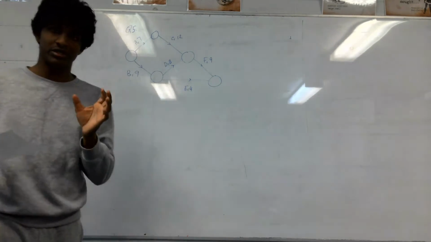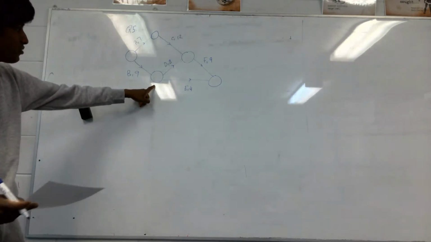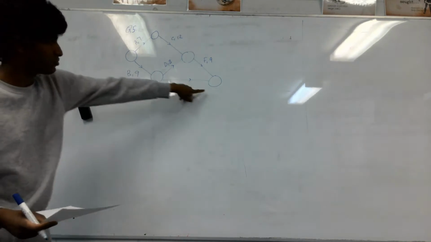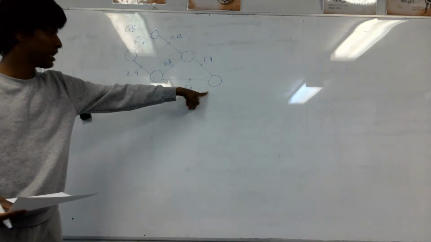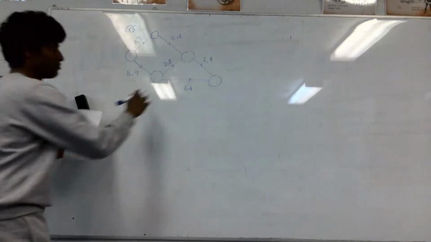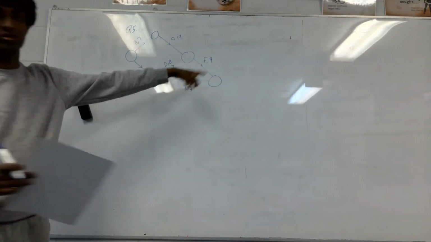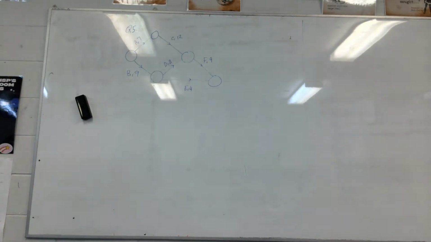So everything in this pathway moves in the direction of these arrows. So from this point, you either move through that edge there, or up through this edge. Nothing that moves this way can come back the other way, because the arrow shows you the direction in which things move.